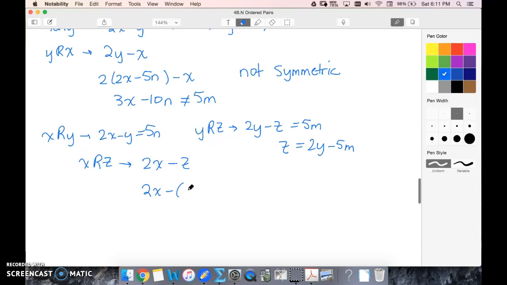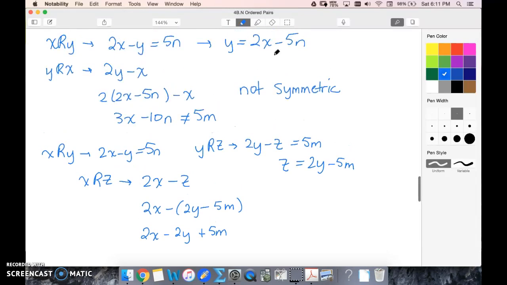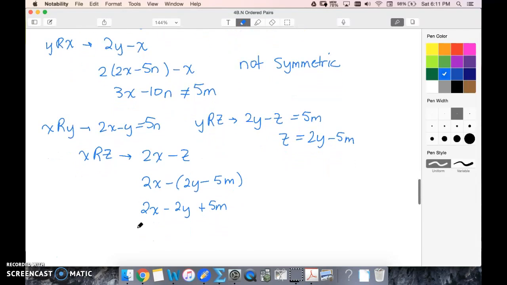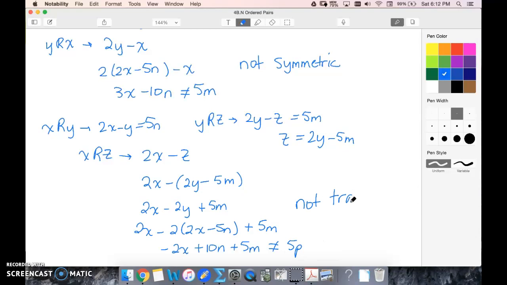So 2x minus the quantity 2y minus 5m, which is 2x minus 2y plus 5m. We know from above that y is 2x minus 5n. So now we've got negative 2x plus 10n plus 5m. This is not a multiple of 5. So we are not transitive either.